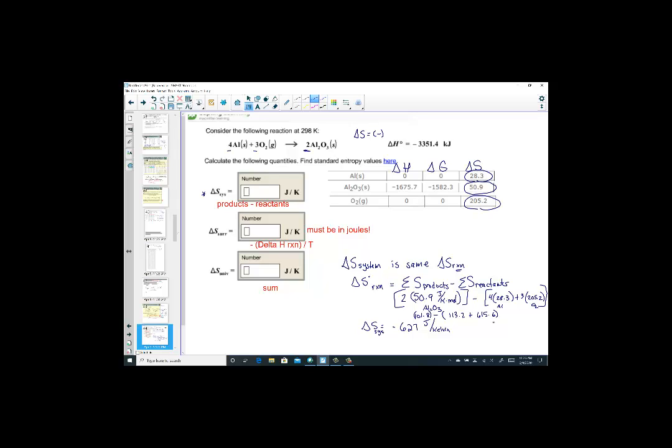I just want to be sure we're getting an agreed answer. Alrighty, so 101.8 minus, in a parenthesis, 113.2 plus 615.6, and I got 830.6.